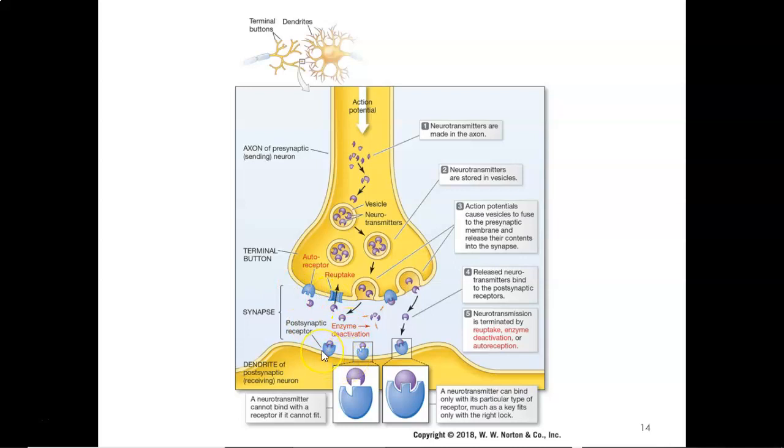So once the postsynaptic dendrites are full, once the key is in the lock, it can't accept any more of that neurotransmitter. So there's a recycling process called reuptake. And the axon terminal on our presynaptic neuron just takes those leftover neurotransmitters back. It's just a recycling process.